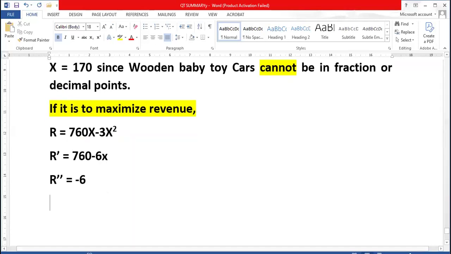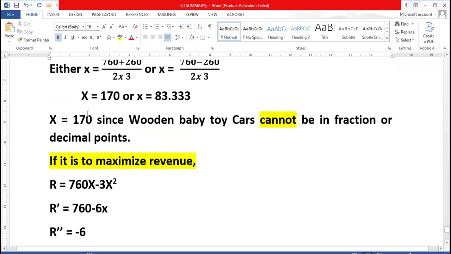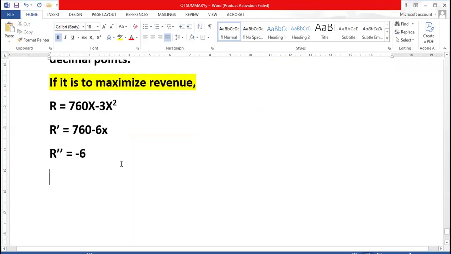Because when you're proving to know which x maximizes the revenue, you substitute in your second derivative the value of x. Assume here we had power 3, then this would be like 9x squared after differentiating.